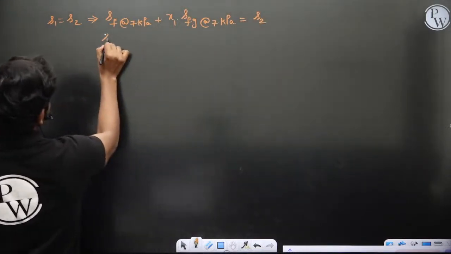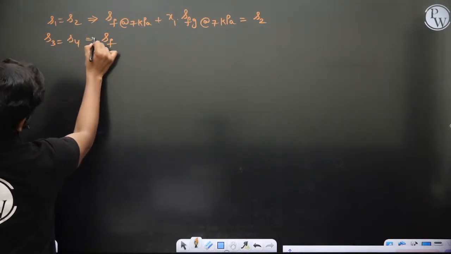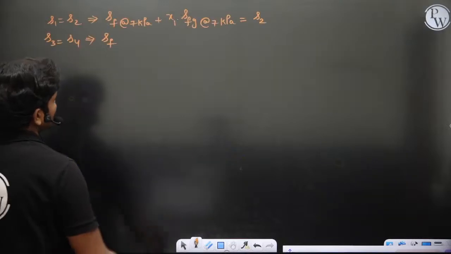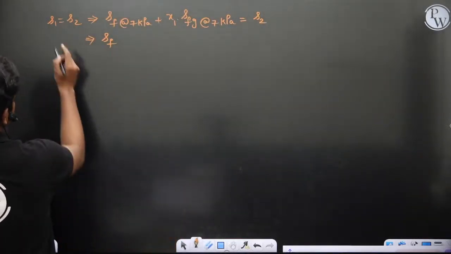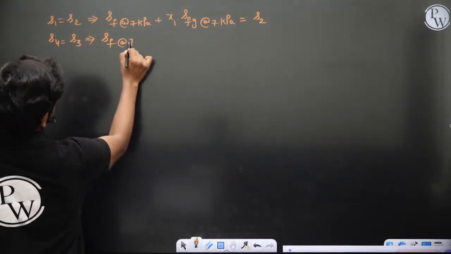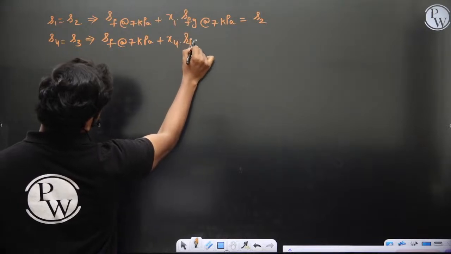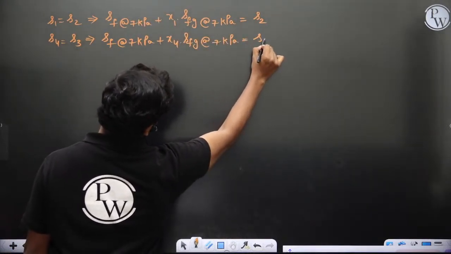Similarly S3 is equal to S4, so Sf at 7 kilopascals plus x4 times Sfg at 7 kilopascals is equal to S3.